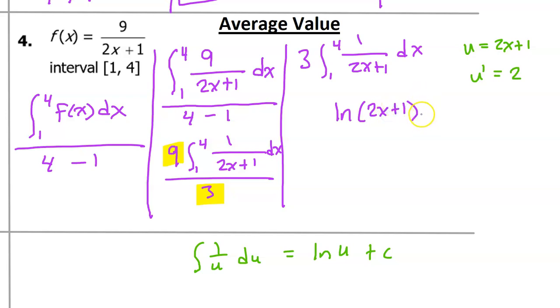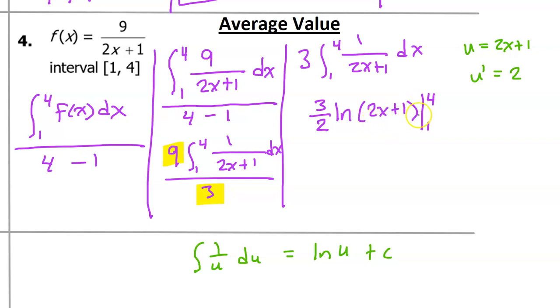Instead of putting plus c, I'm going to use my limits of integration from 1 to 4. And like I said, the only thing I have to watch out for is the u prime. I always wind up dividing by the u prime. So I do have to put this 2 in the denominator and make it a 3/2.